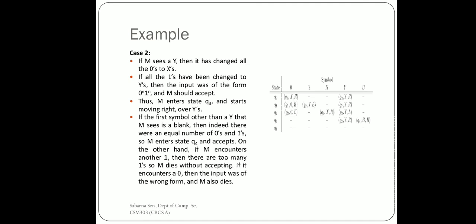We have already matched the number of zeros and ones, so if any more 1 or 0 comes in this situation, it will die, right? So at the q3 state, only for y and blank is it going to move to q4, and for other inputs it will die. It has no transition shown, only dashes are there, so that means it will die over there.